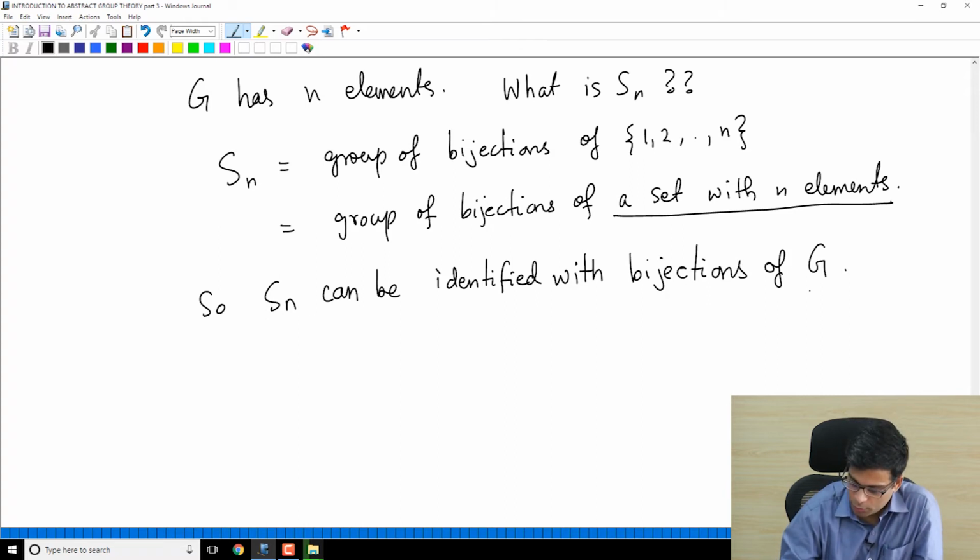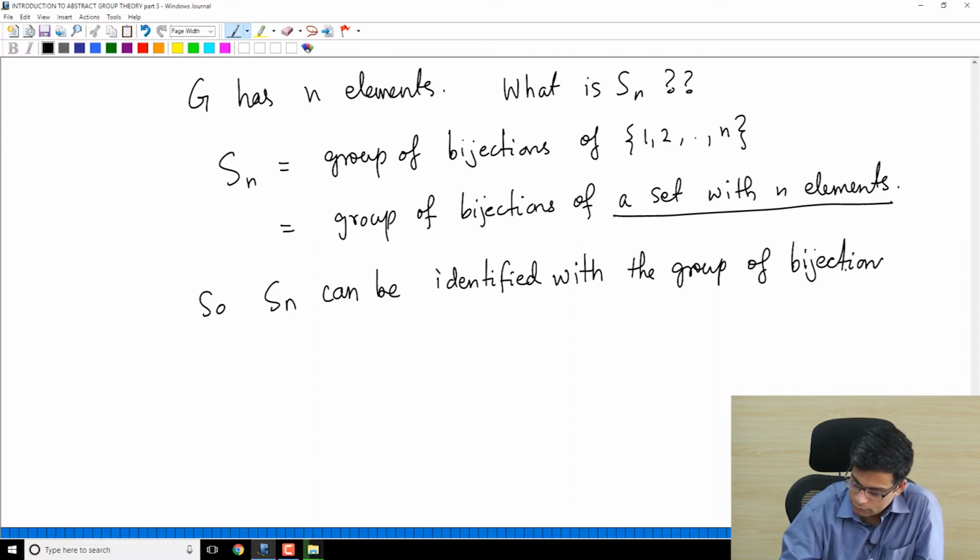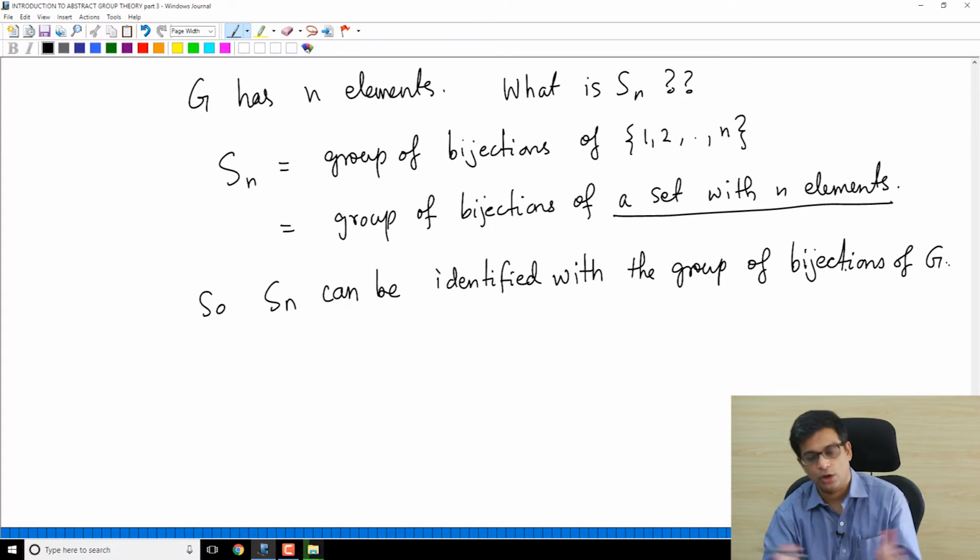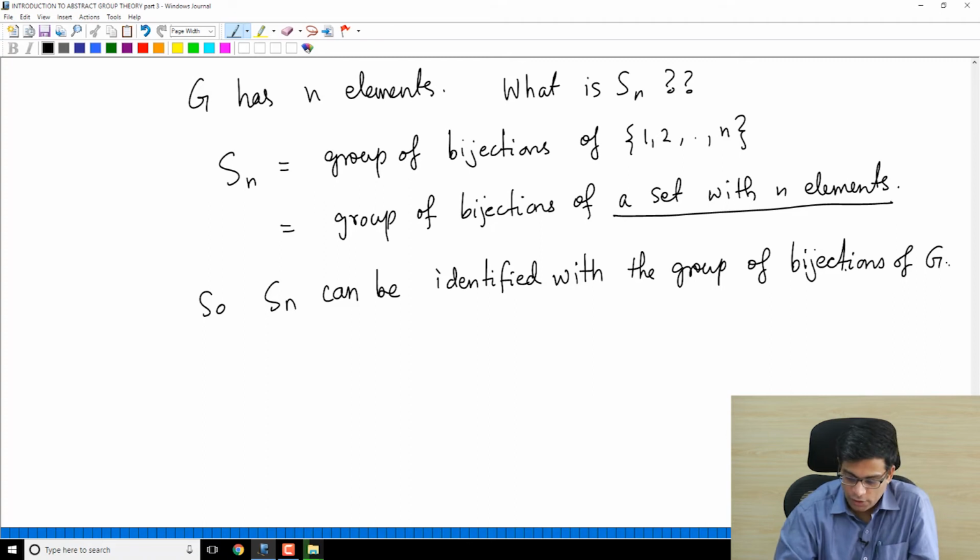I should write: can be identified with the group of bijections. If you wish, you can call the elements of G as 1, 2 up to n because it has n elements. You fix some order, take the first element, call it 1, second element is 2, right? That's what we are doing here. Sn can be thought of as bijections of G, but phi g is a bijection of G.